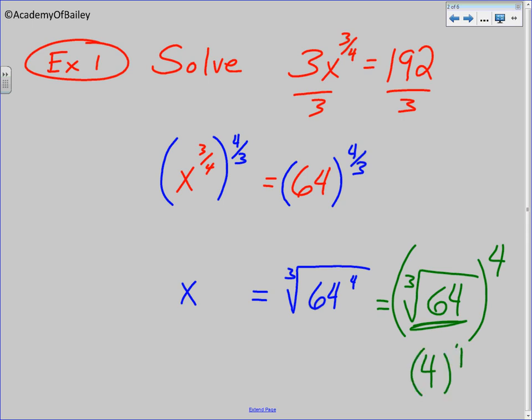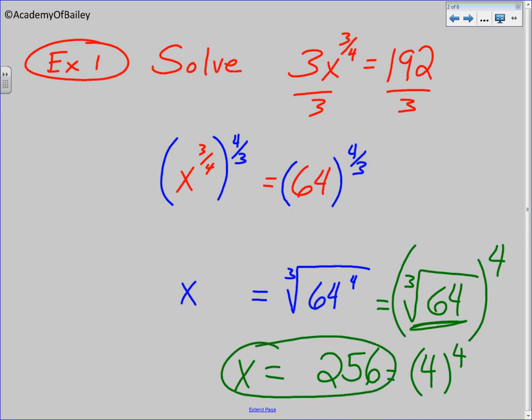And so if we have 4 to the 4th power, 4 to the 4th power is 256. So x would be equal to 256. So it requires you to use a little bit of the stuff that you've learned in the past to solve this one out.